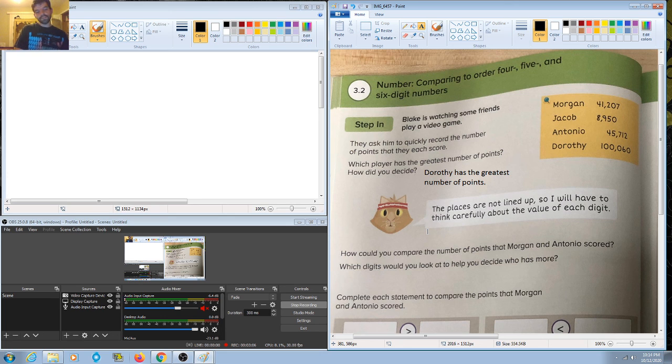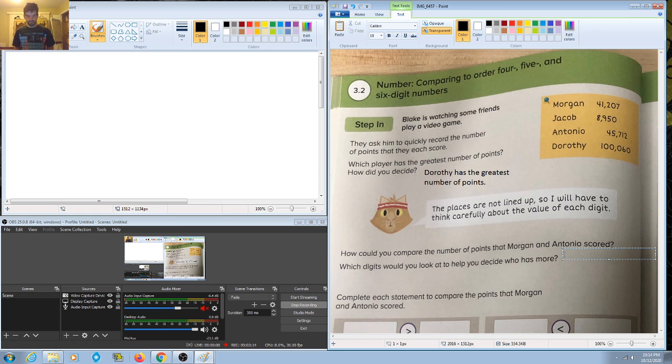So the next question says, how could you compare the number of points that Morgan and Antonio scored? One of the things I mentioned in the last video was that when you're comparing two numbers, you want to take them out of the table, or put them off to the side, so it's easier to compare them directly, very close to each other.